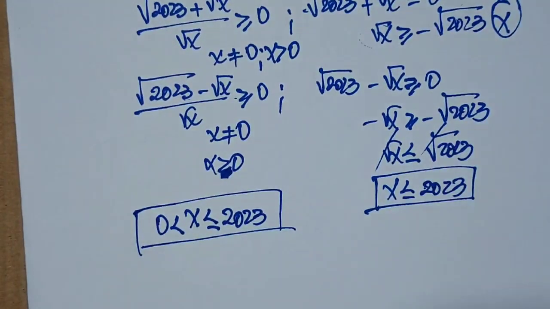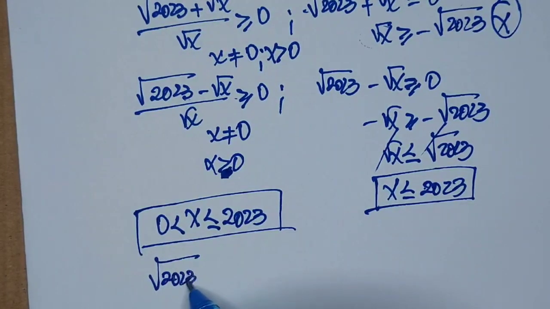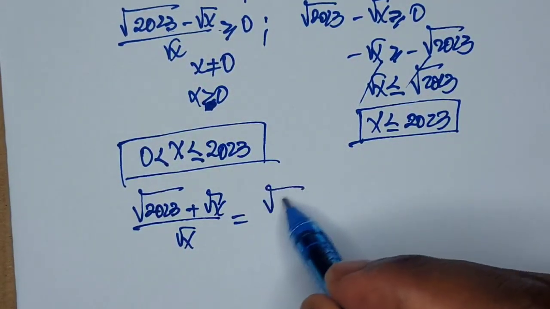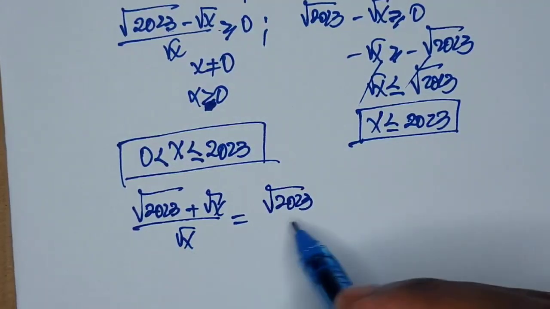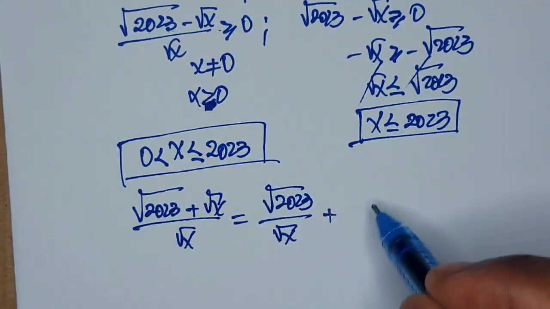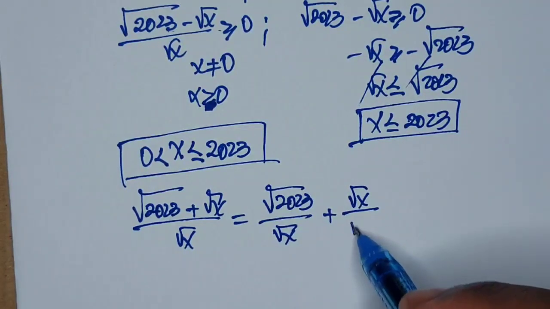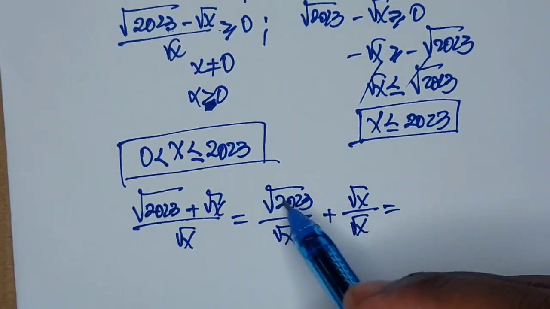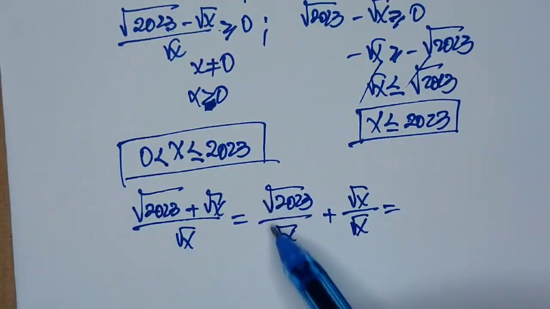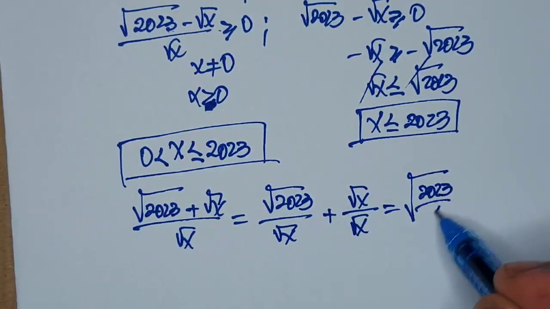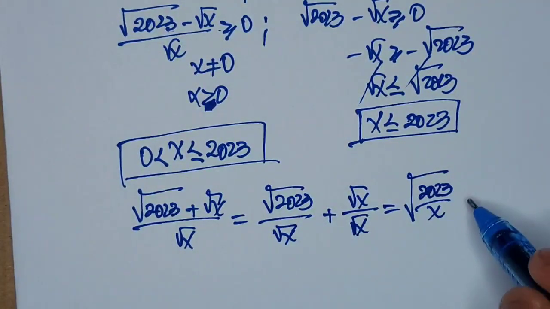So the first part is square root of 23 plus square root of x over square root of x, right? So this would be, distributing the denominator, this plus square root of x over square root of x. Here we have square root in here, square root in here, so we can keep one root and divide the elements in them, right?